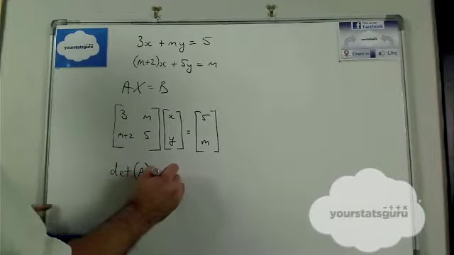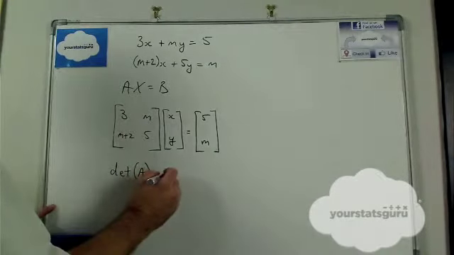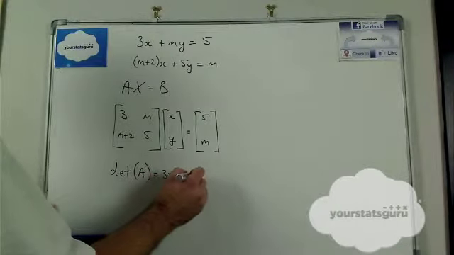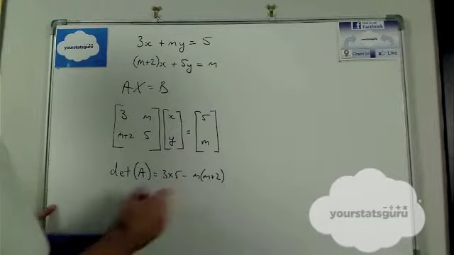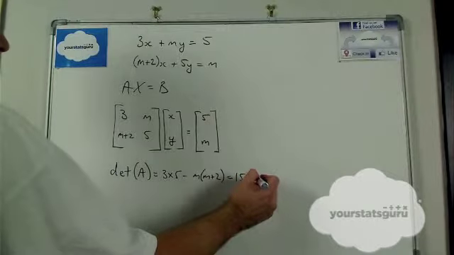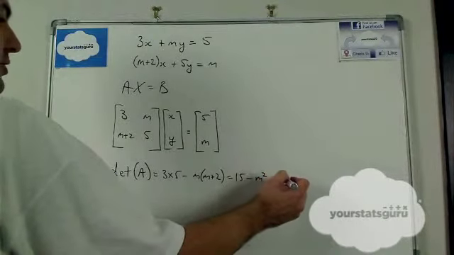is equal to AD minus BC, which is going to be 3 times 5 minus m times m plus 2, which is 15 minus m squared minus 2m.